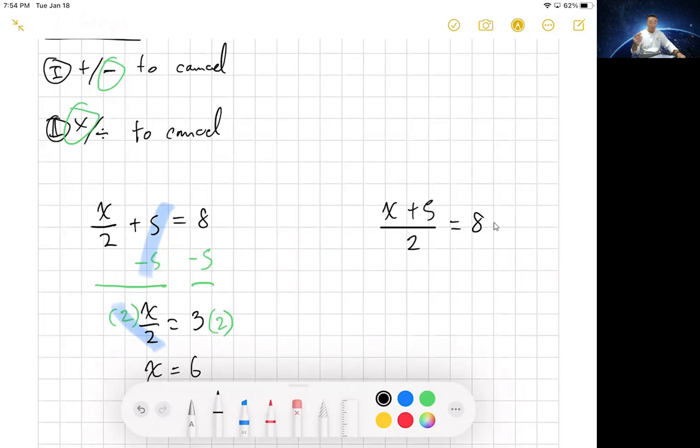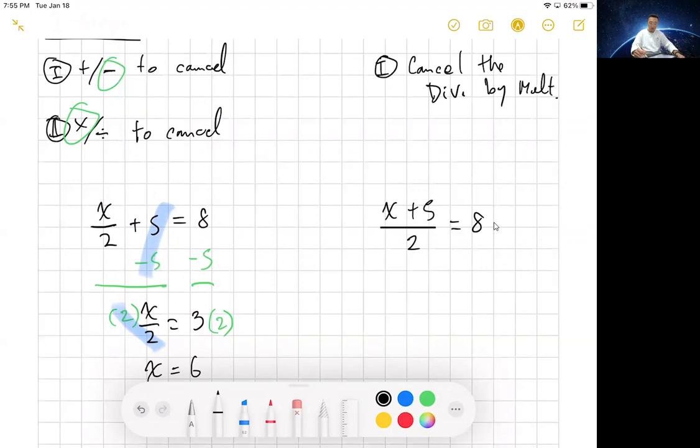Now, that is not what we can do here. We cannot subtract 5 because the 5 is trapped by the division sign. So unlike this one, the first step is to cancel the division by multiplication, okay?